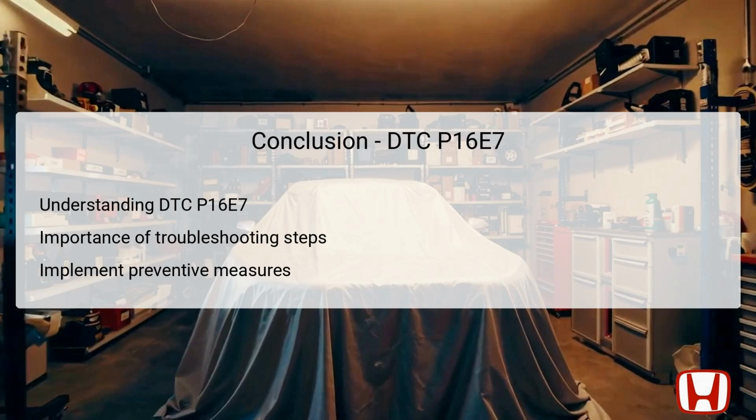Implementing the outlined procedures helps in isolating the problem and ensuring that all relevant parts function as intended. This not only improves vehicle performance, but also protects against potential damage caused by overheating or poor battery management.